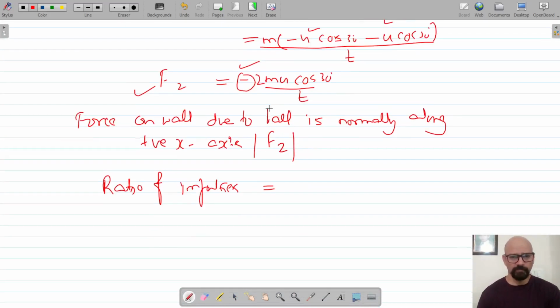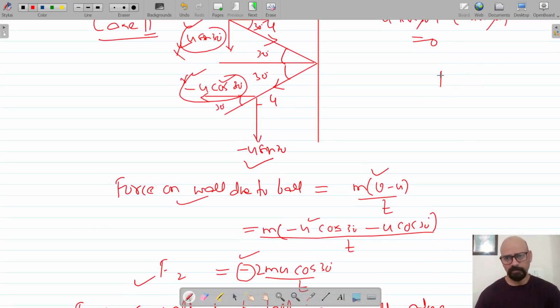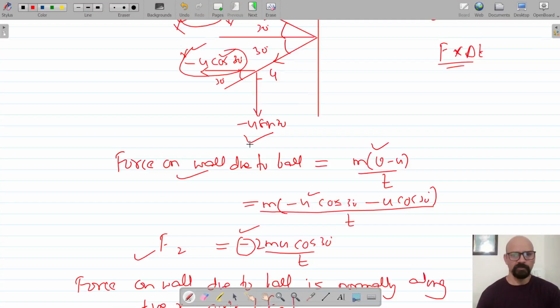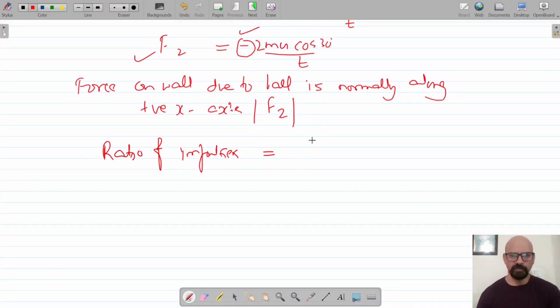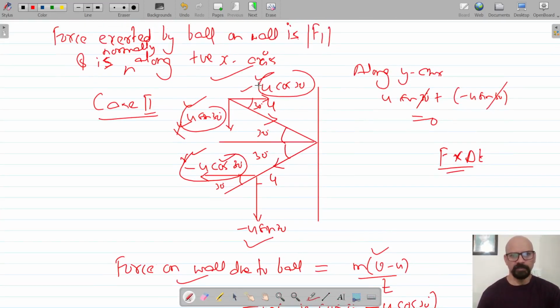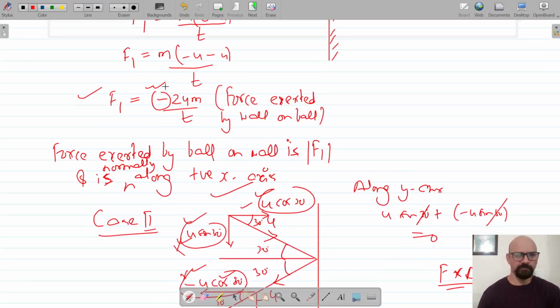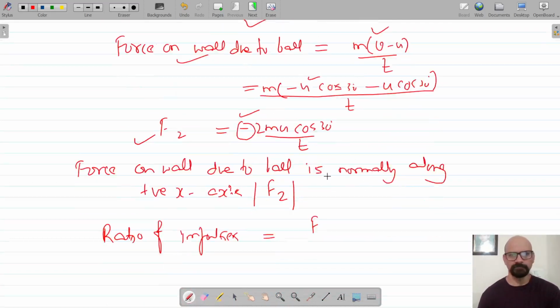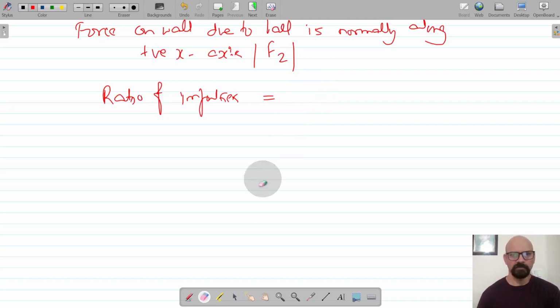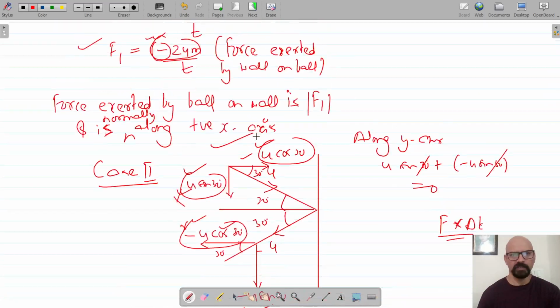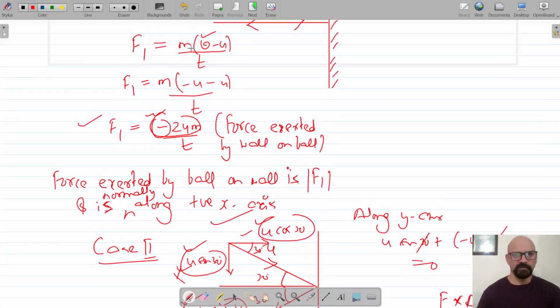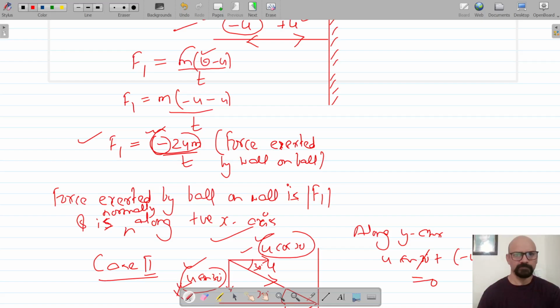So impulse in both the cases, we know that the formula for the impulse is force into small time interval. In this first case, the impulse is minus 2 m u, because this is the change in momentum.